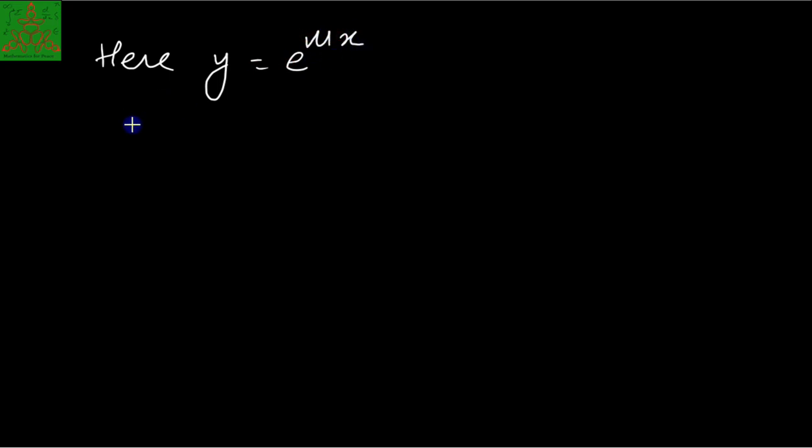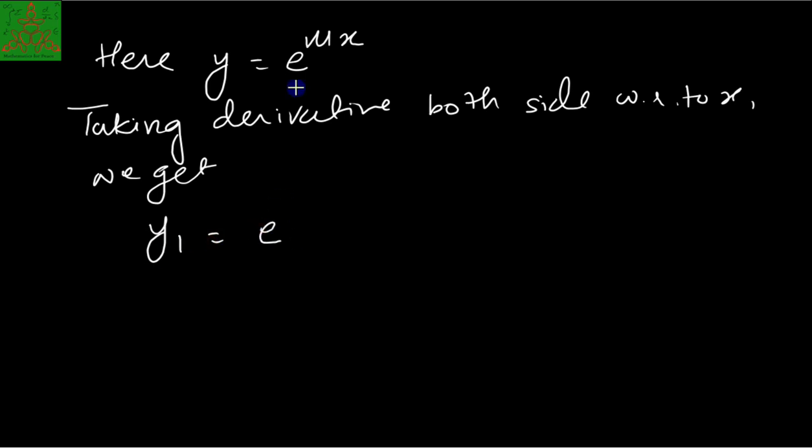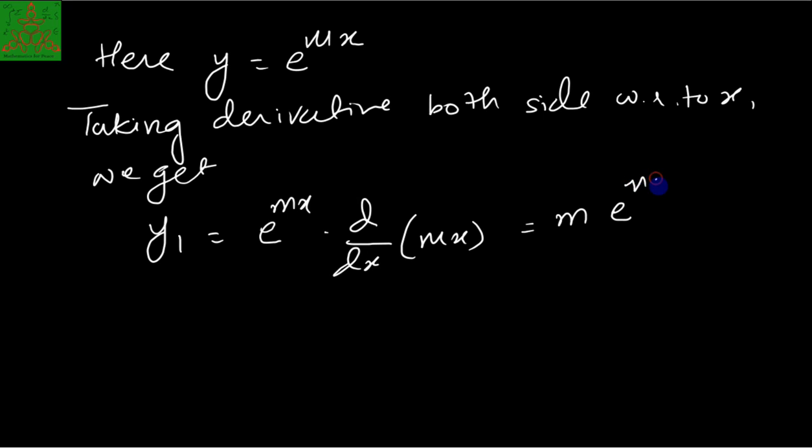If I take the derivative on both sides with respect to x, then we get y1 equal to the derivative of e power mx, and using the chain rule, the derivative of mx is m, so it is m into e power mx.